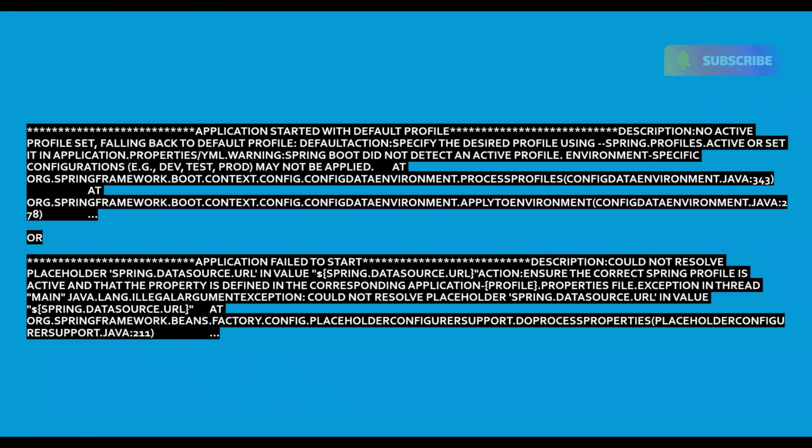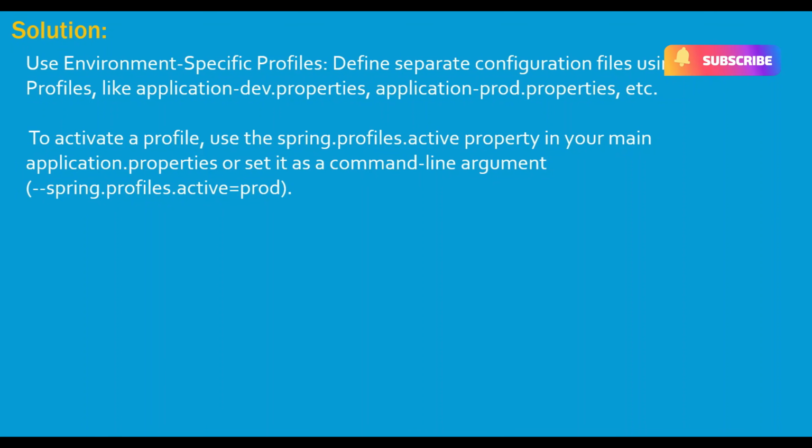So this is that stack trace. You might get "No active profile set, falling back to the default profile." The default profile is going to make use of application.properties and the YML.